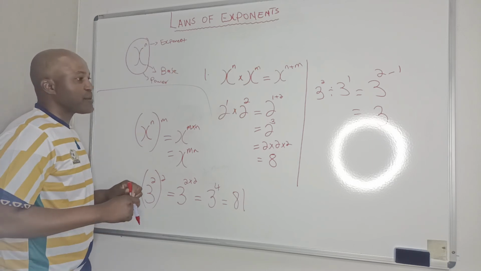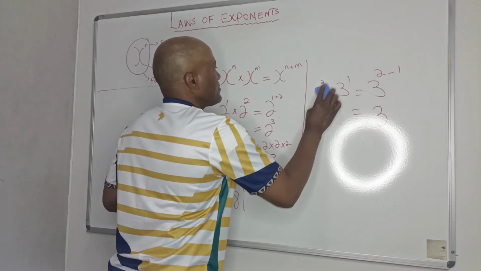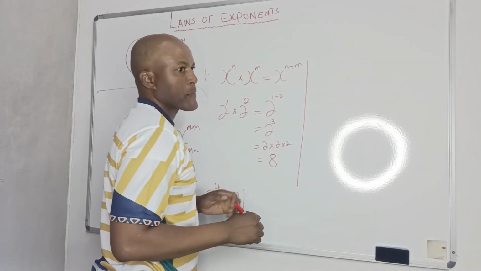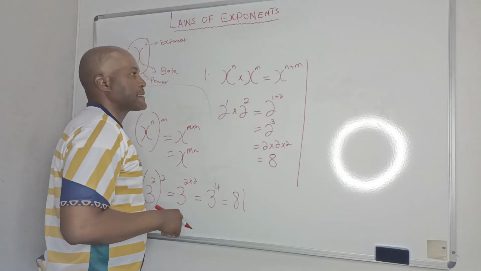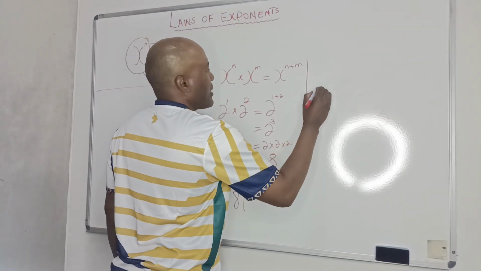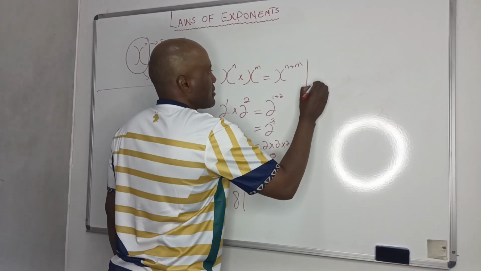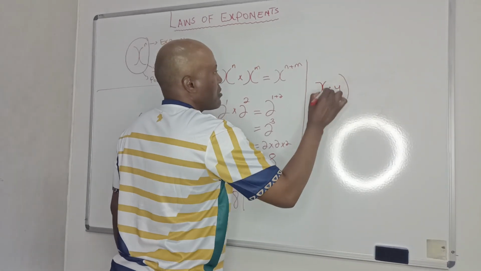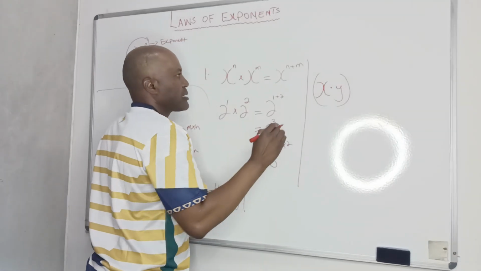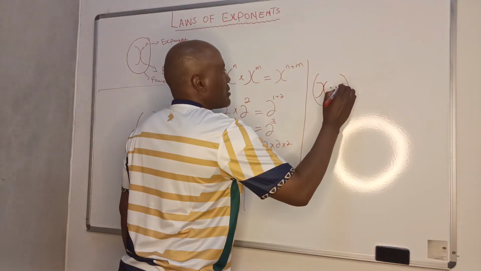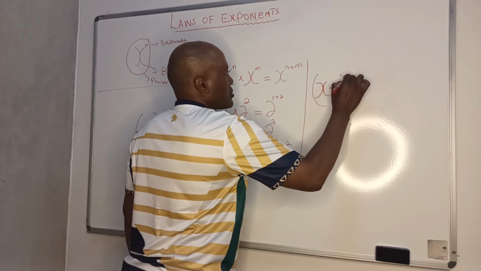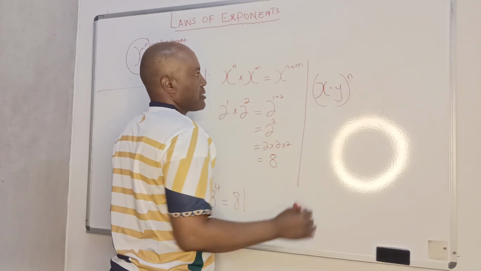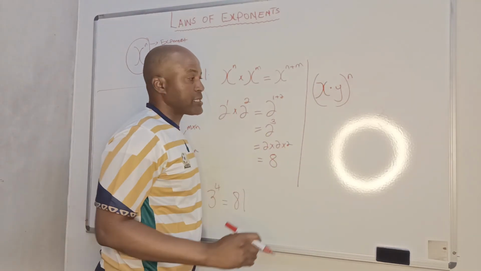Now let's go to rule number 4. Rule number 4 says if you are multiplying 2 or more numbers raised to an exponent, raise each number to the exponent. What does this mean?